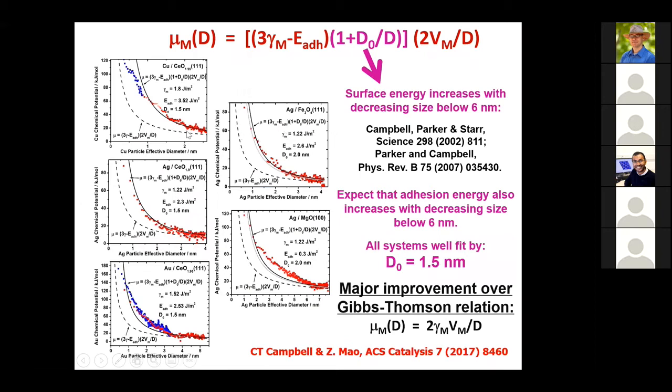And those predictions are shown in these dashed curves for all of these different systems: copper on ceria, silver on ceria, gold on ceria, silver on iron oxide, silver on MgO. And the predictions fail in the small particle size regime. The data are shown here.